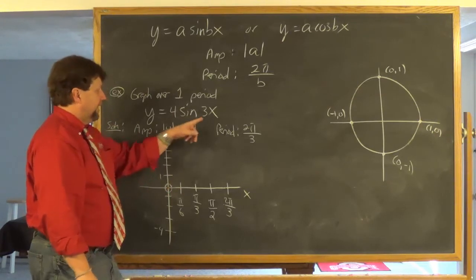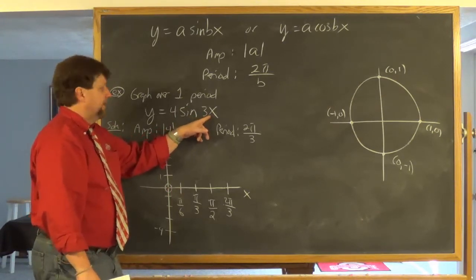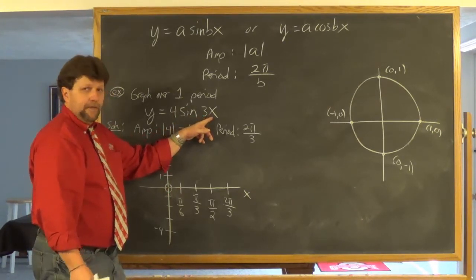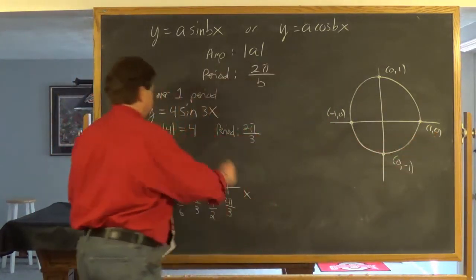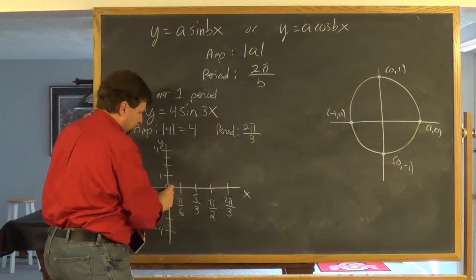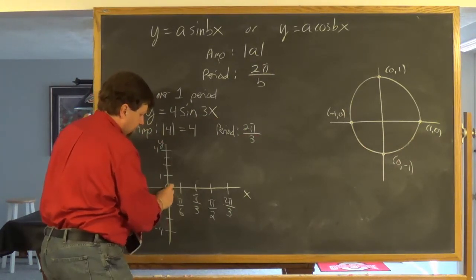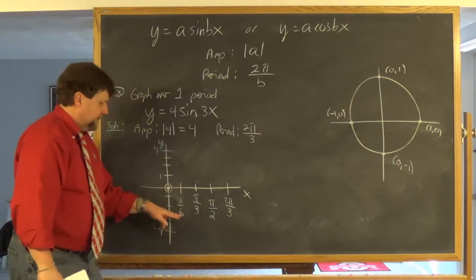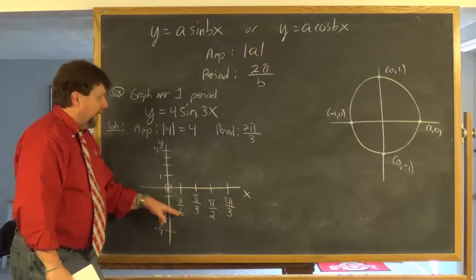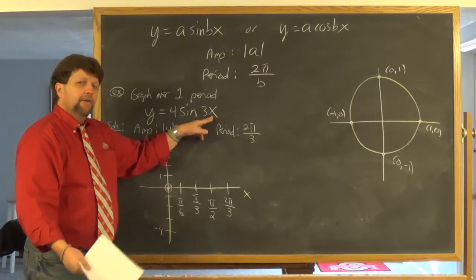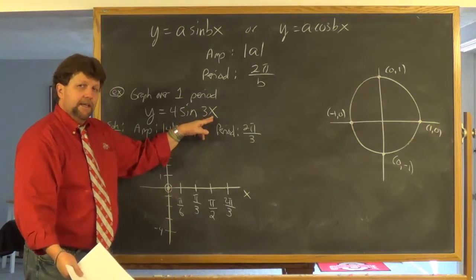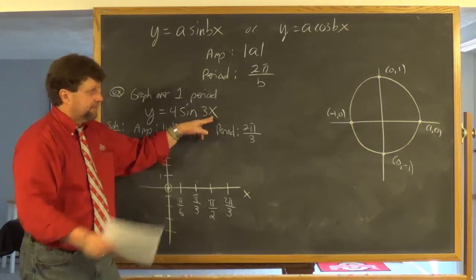Put 0 in here for x. 3 times 0 is 0. Sine of 0 is 0. So 4 times 0, okay, there's 1 point. Now notice pi over 6. When pi over 6 comes in here for x, it gets multiplied by 3. 3 times pi over 6 is pi over 2.